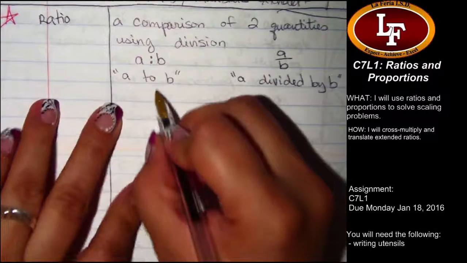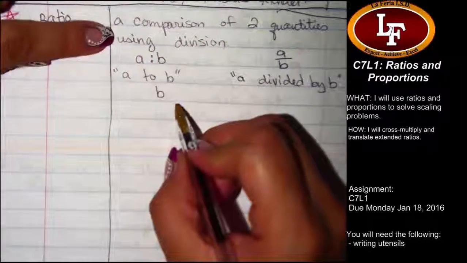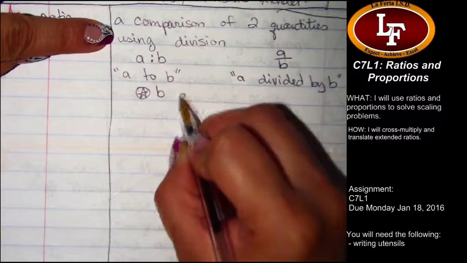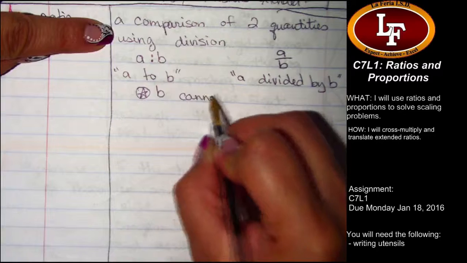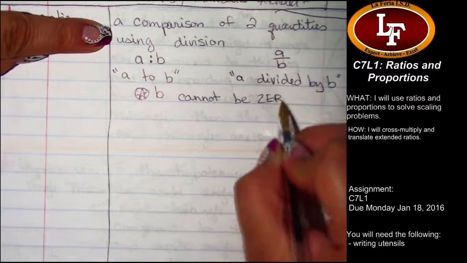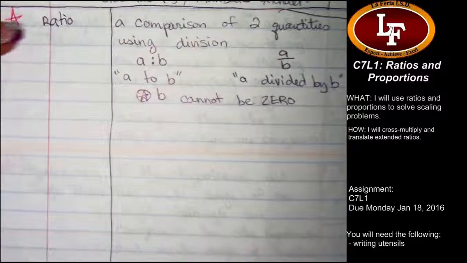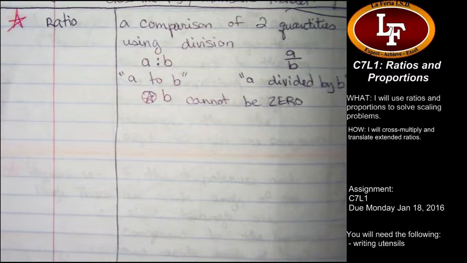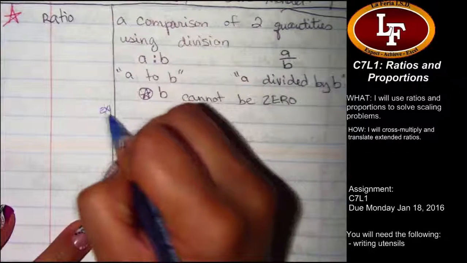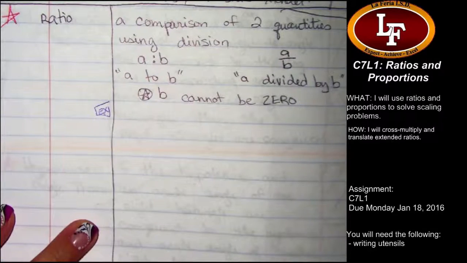But in either case, because this comparison is using division, it is super duper important that B, the value in B, never be 0. Because it's all fun and games until someone divides by 0. Don't do it. You'll break algebra.